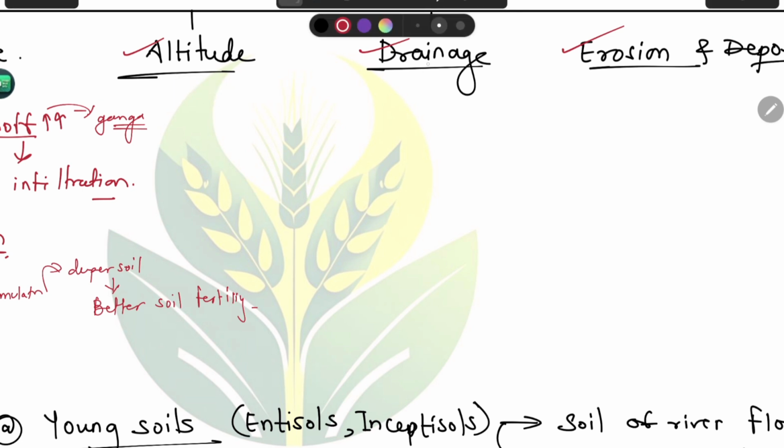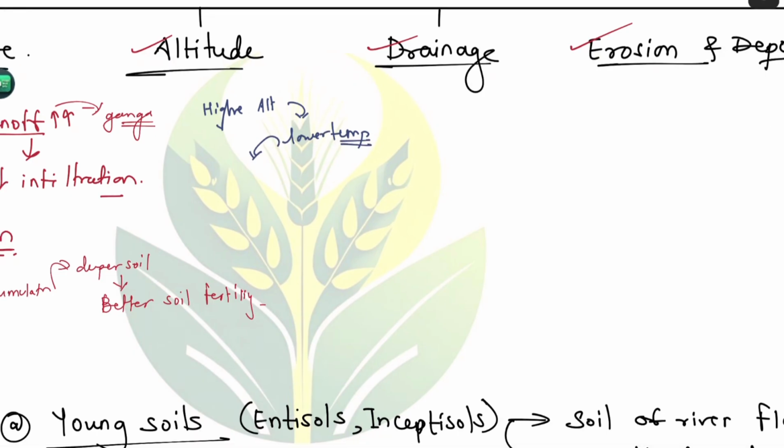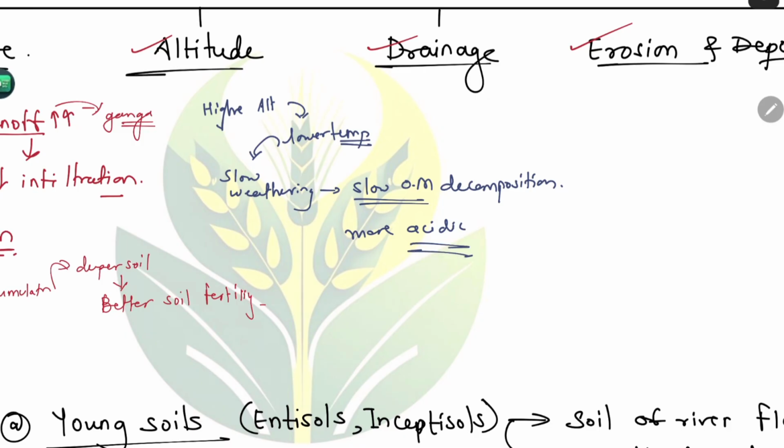Basically, at higher altitude we can see lower temperature, which causes freezing-like situations, and it slows weathering processes and slows down organic decomposition, and makes soil more acidic. So basically, the soils at higher elevation or higher altitude are more acidic.